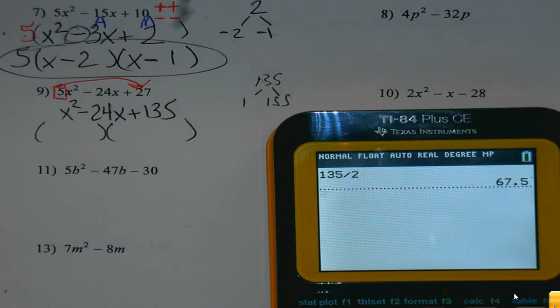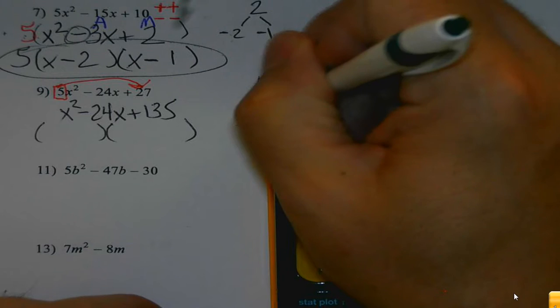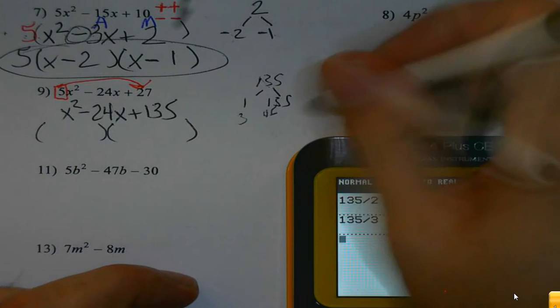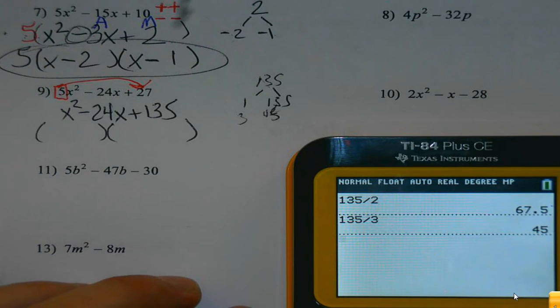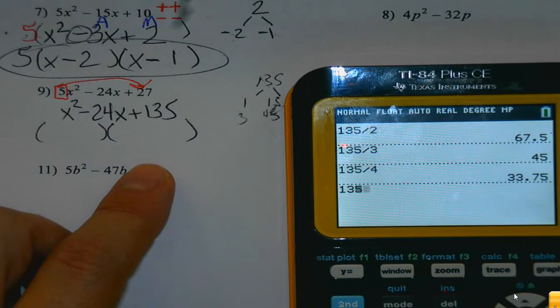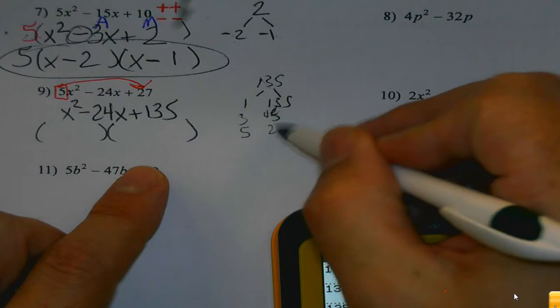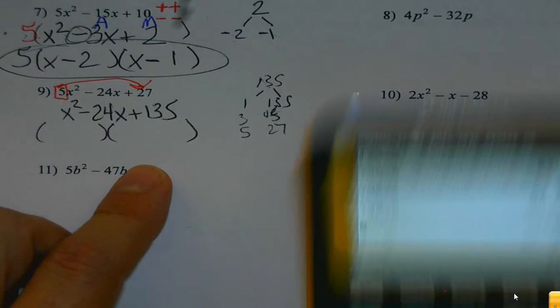Now, if I get decimals, that doesn't help me. So I'm like 3 and 45. 3 and 45. No, that's still, no. 27 and 5. No.